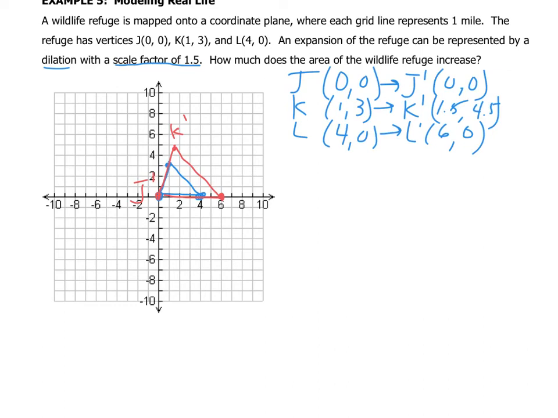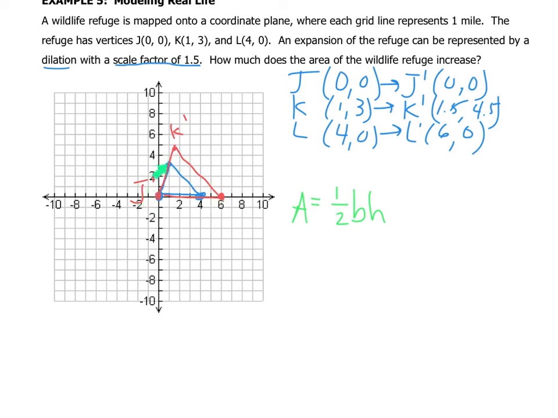They're saying, how much did the area of this refuge increase? So remember, back in another grade, when I do the area of a triangle, the formula is 1/2 base times height. Now also remember that we have to have the height which is perpendicular to the base, meaning the height is not this diagonal thing going up or this diagonal thing coming down.